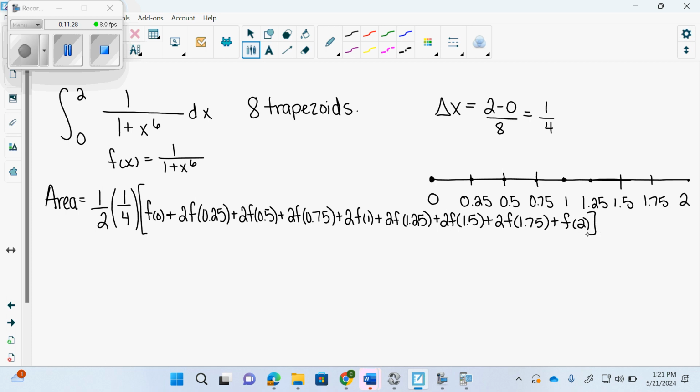All right. So we have 1/8. And then f of 0 is 1 plus 2.